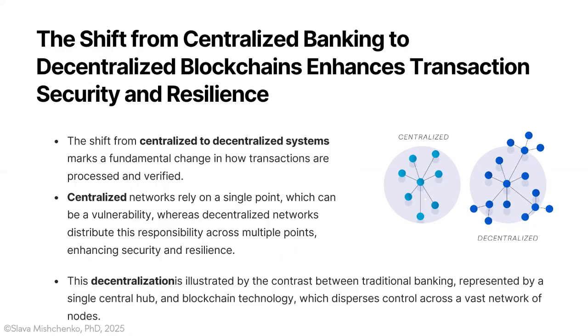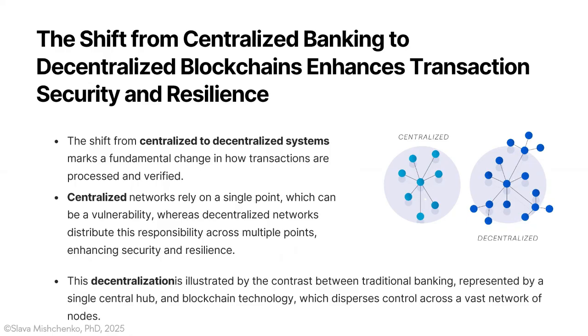Imagine, if you will, a traditional bank as a single castle with high walls: impressive, but vulnerable to a focused attack. Now contrast this with the blockchain's decentralized network, which I like to think of as thousands of smaller fortresses, each protecting a piece of the whole system.